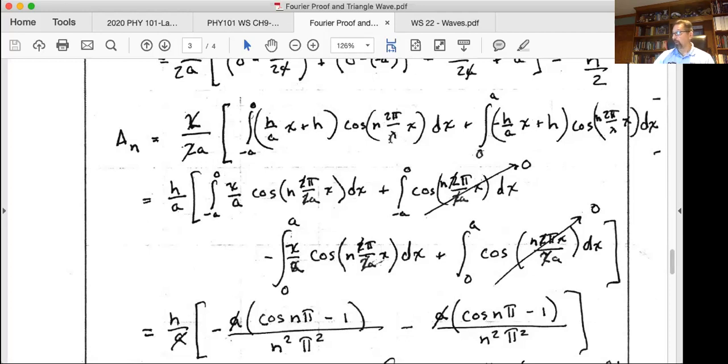Then there's a second one, a third one, a fourth one; I wrote them all out. I realized that for these two, you're integrating a cosine over half of a repeat cycle. Those two integrated to 0, and I just looked those two up, I guess. No, I actually did them, I think.